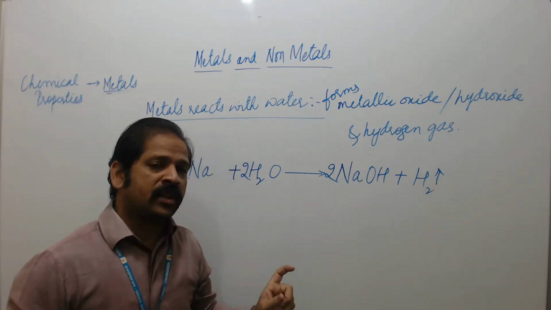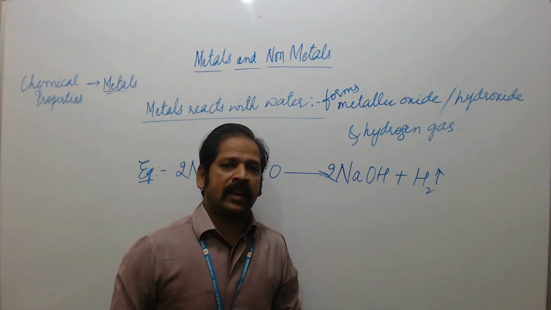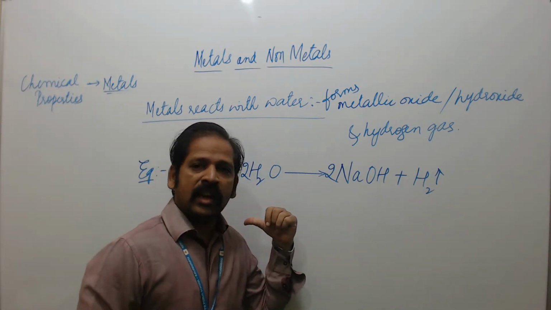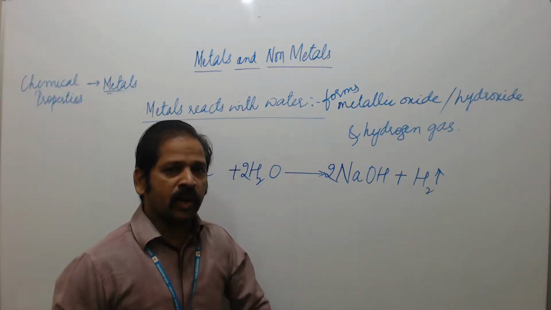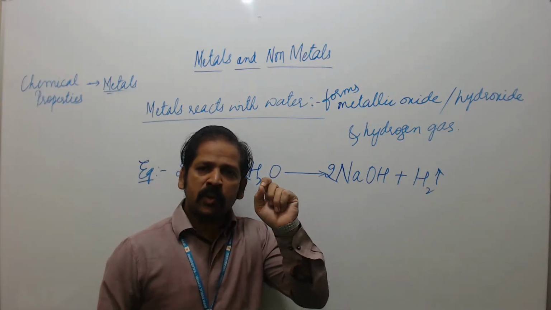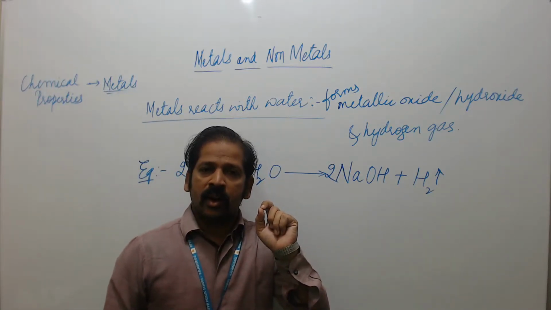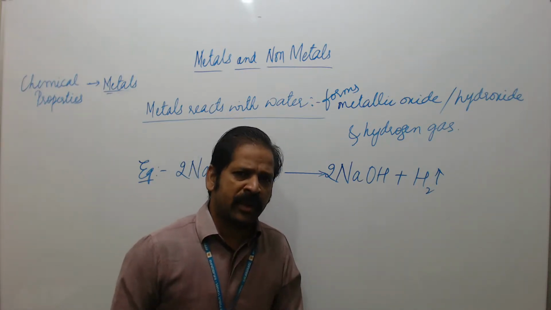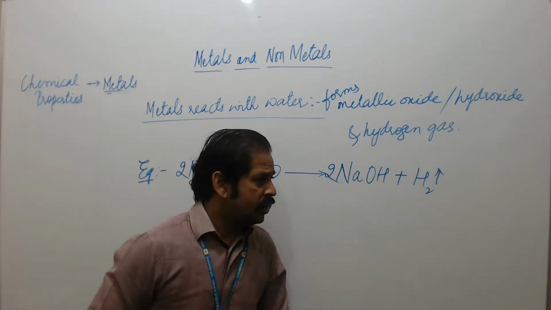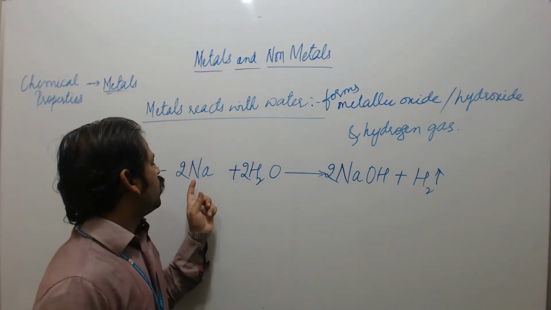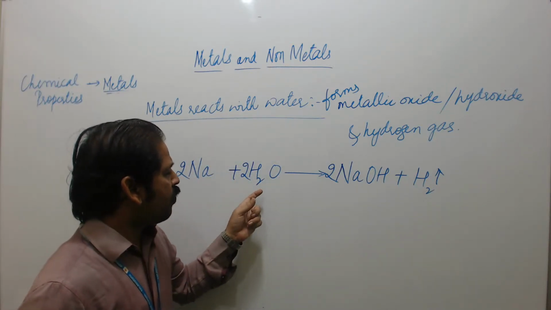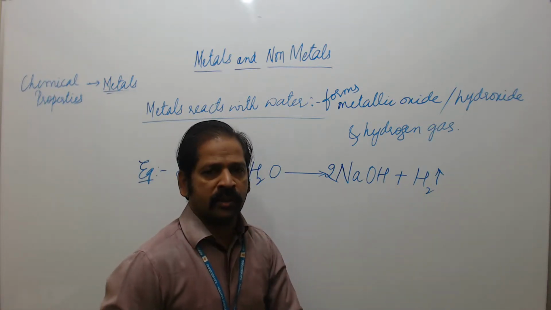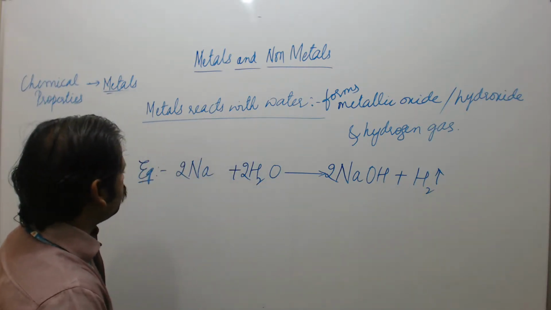Maybe you have observed this reaction earlier in chemistry practicals. If you put sodium in water, you immediately get the result. We'll do the experiment in later classes. Now, sodium reacts with water to form sodium hydroxide and hydrogen.